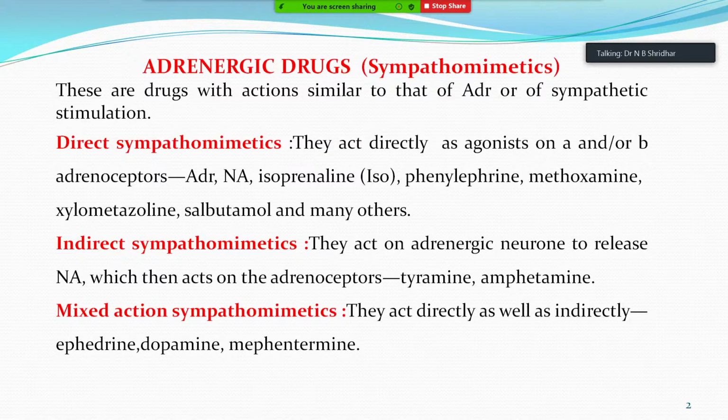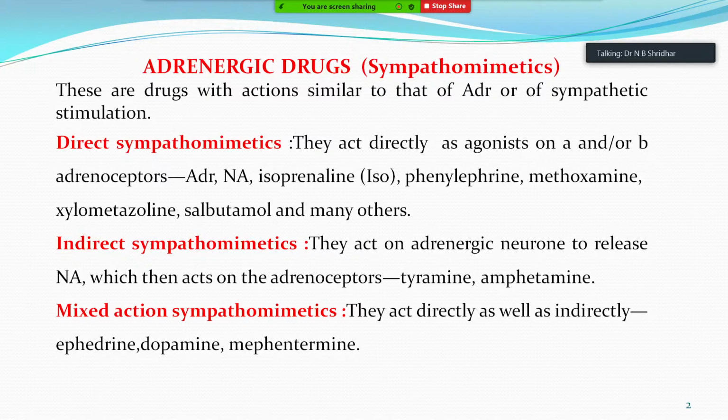So please note down some of the important drugs. Adrenaline itself and noradrenaline are the specific agonists at the receptor level, and isoprenaline, phenylephrine, methoxamine, xylometazoline, salbutamol, and many other drugs act as direct sympathomimetics.